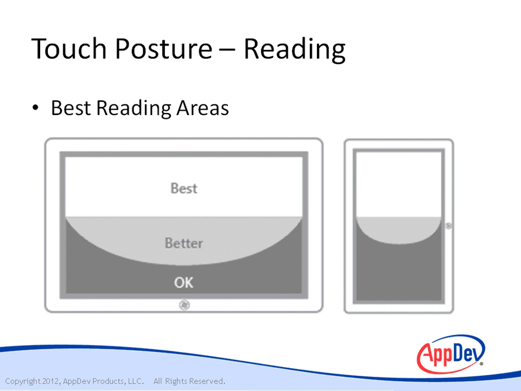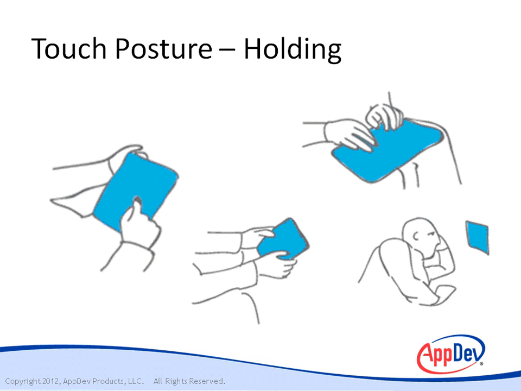When it's down there, they have to move their hands or fingers or thumbs. So ideally, the stuff they're going to be reading goes at the top, the stuff they're going to be interacting with at the bottom, and then it's easier for users to consume and to interact with the application. You should take this concept of touch posture into account when you're building your experiences on Windows 8 or for Windows 8.